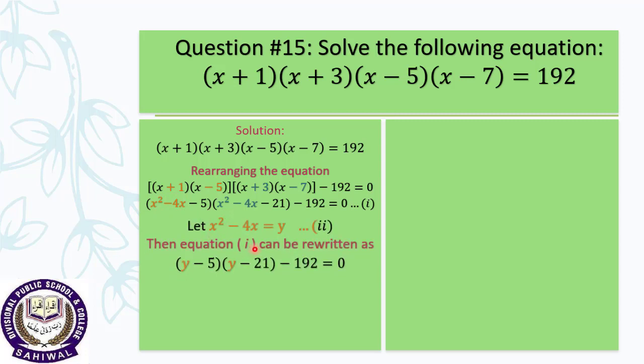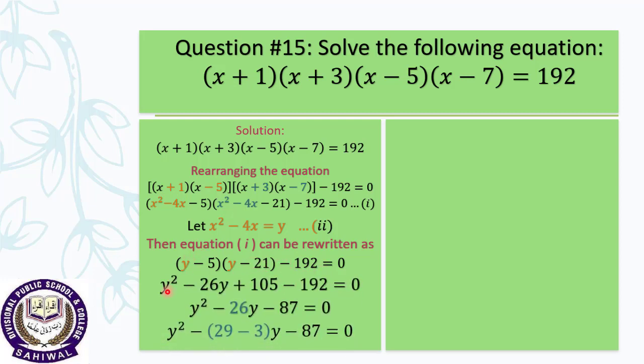And the equation becomes (y minus 5)(y minus 21) minus 192 equal to 0. Again multiplying them we get y square minus 26y plus 105 minus 192. Solving them we get y square minus 26y minus 87 equal to 0.